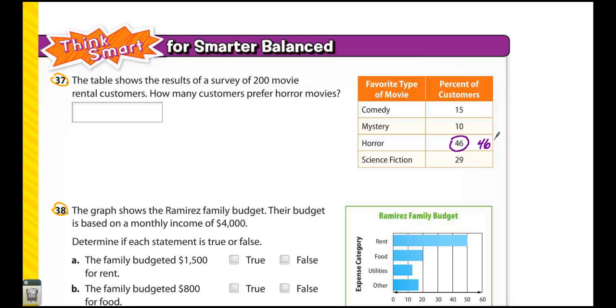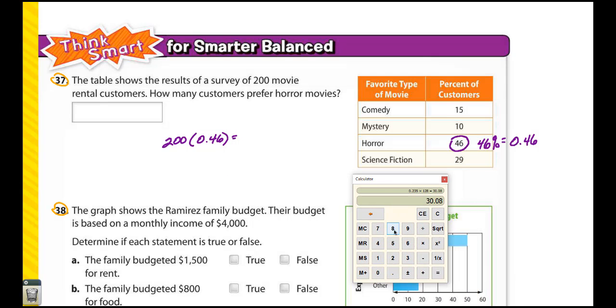We know that 46% is equal to 0.46. So we're going to take our 200 and we're going to multiply it by 0.46. And that's going to give us 200 times 0.46, 92 customers.